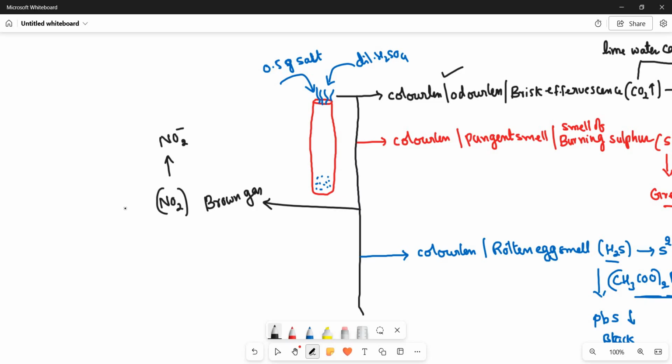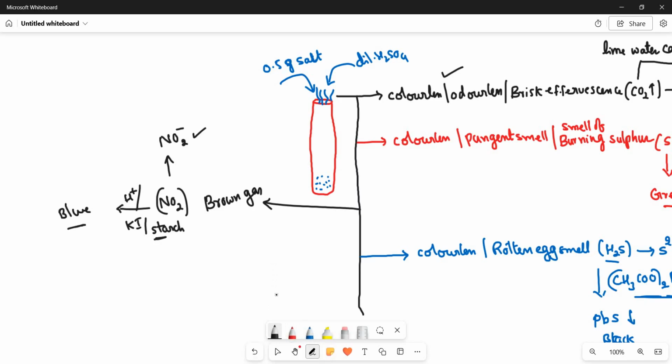When this gas is passed through acidified potassium iodide solution in the presence of starch, it gives a blue colored solution, because the iodine released reacts with the starch. So we can identify that the nitrite ion is present in this particular salt.